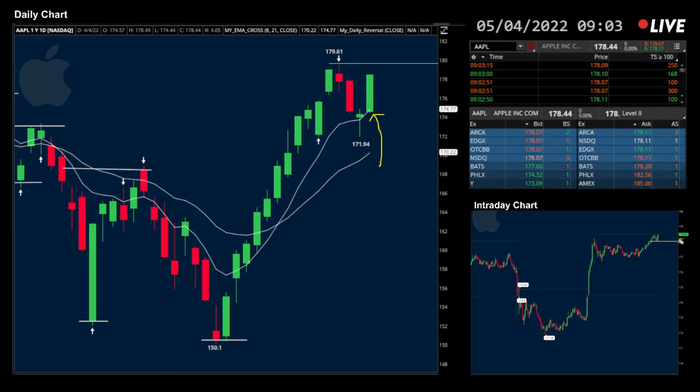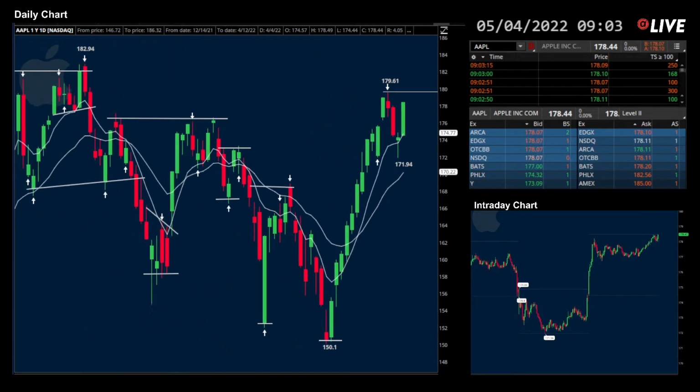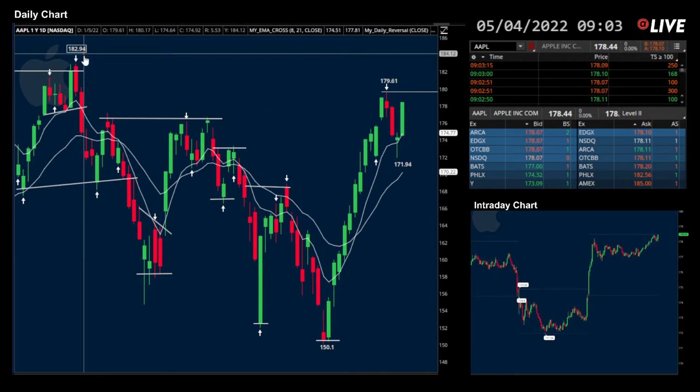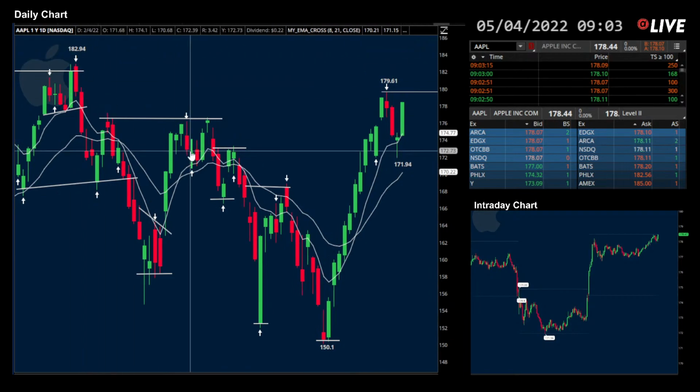I want to see if 178 is going to hold or not. If it holds 178, I'll be looking for a possible red to green move. We have last week's highs at 179.61 as the next level, and if we break out above that level, we have all-time highs not that far, at 182.94, as the possible next level to watch.